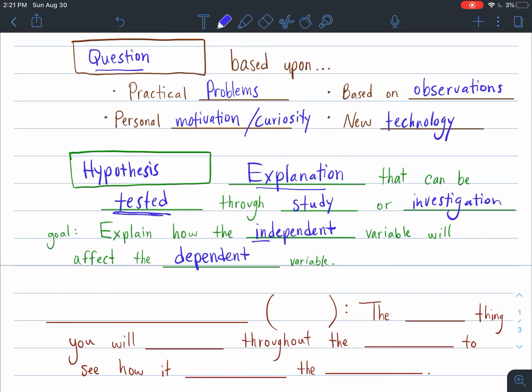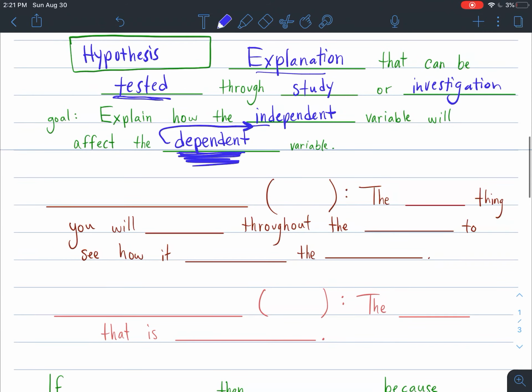So one is the independent and one is the dependent. The dependent one is supposed to depend on what happens to the independent one. The independent one will impact the dependent one. The dependent one is dependent on the independent one. That is the goal here in our hypothesis.